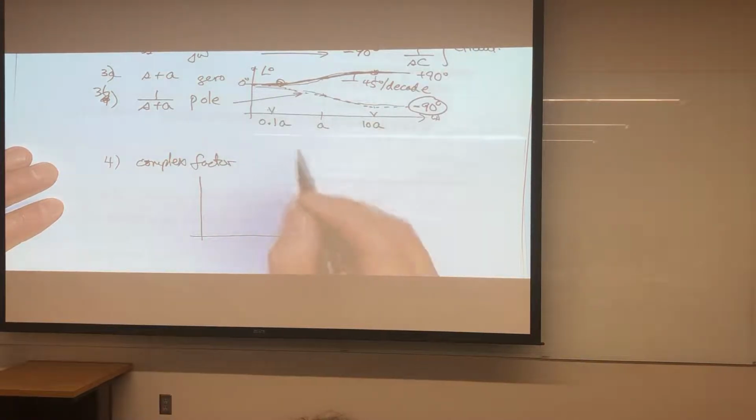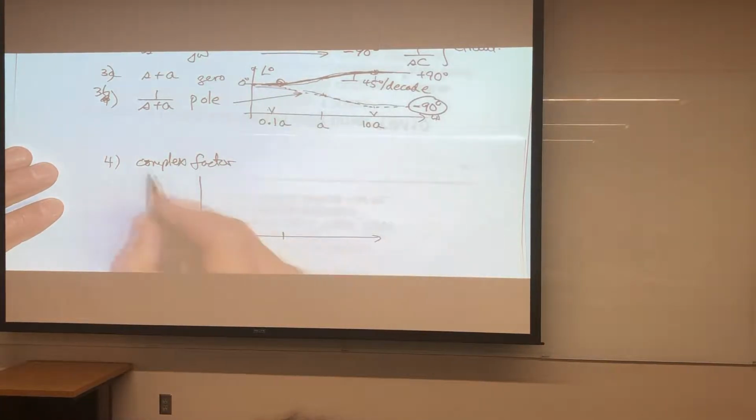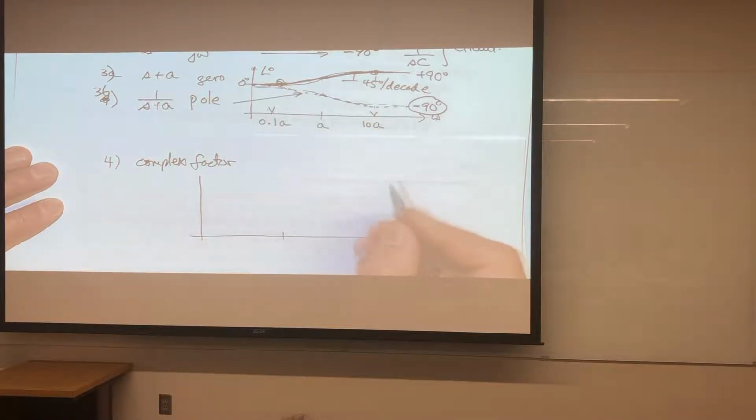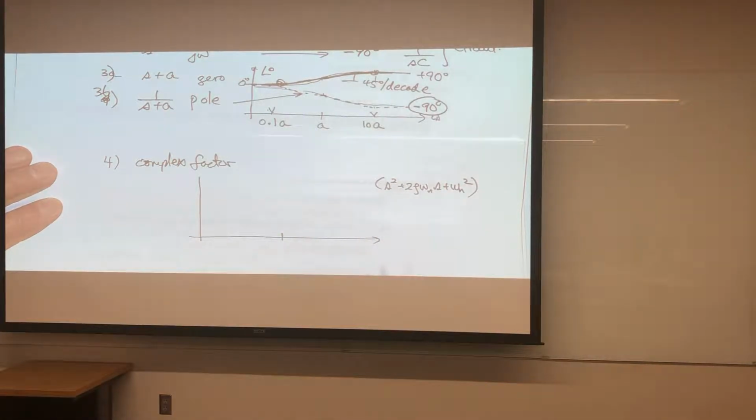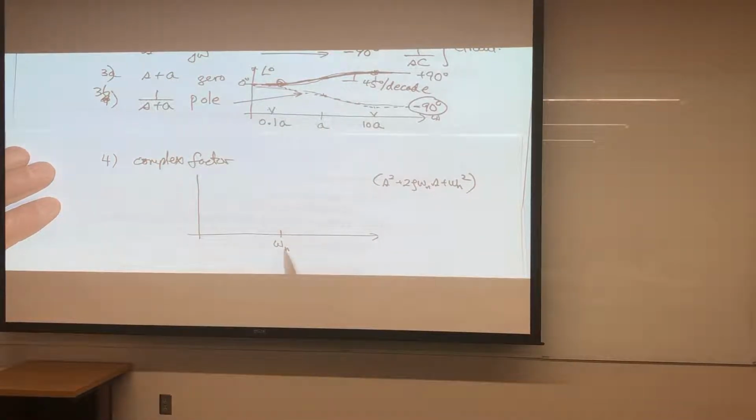Let's say we have a complex factor that looks like, let me do zeros, s squared plus 2 zeta omega n s plus omega n squared. We have a factor that looks like this, complex zeros. The corner in the magnitude plot is at omega n. In the magnitude plot, the corner is at omega n. We want to know that for Friday.